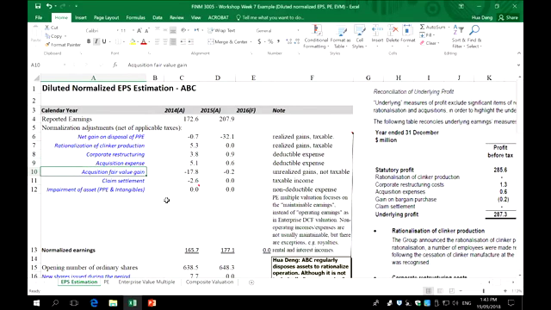Fair value gains are not realized gains. It's not taxable, and we don't expect this to happen again and again in the future. Claim settlement and impairment of assets. All of these are very common normalization items you probably will see for manufacturing, industrial, and cyclical firms, and even with Woolworths. So here we have the normalized earnings.